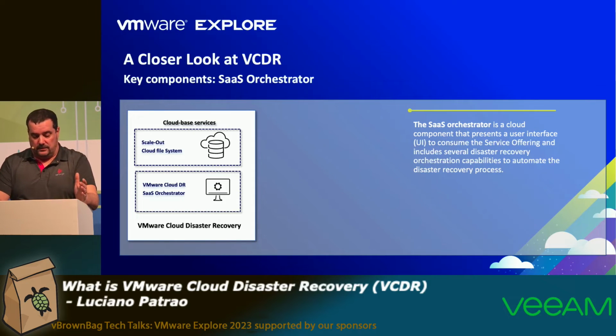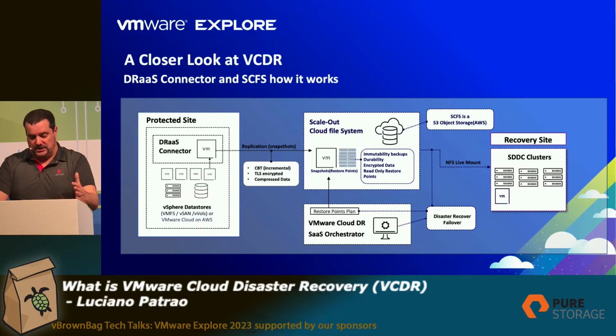Again, the scale-out file system is where all your backups will be saved and restored, because here you have something that I will explain afterwards, something they call live mount, which is using NFS live mount. This is just an S3 object store that is running on VMware Cloud, using AWS, of course. So this is the second component, and this is an explanation of how this works.